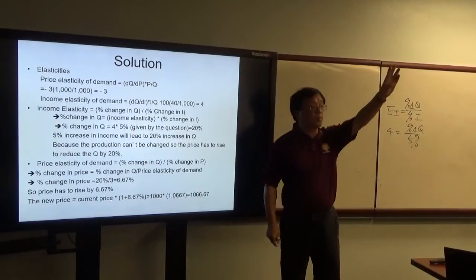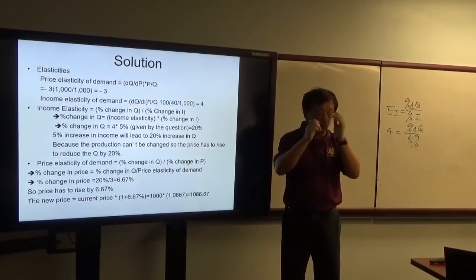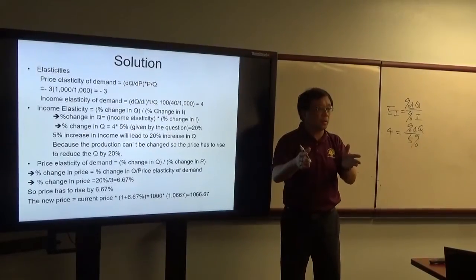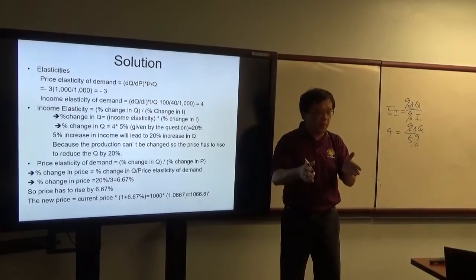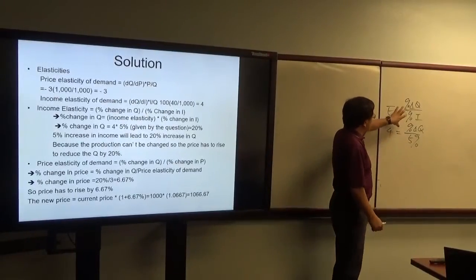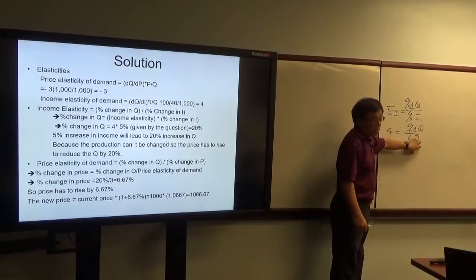Because we have 3 variables, by using all the information we figure out the price elastic demand and the income elastic demand. The income elasticity is equal to 4. By definition, 4 is equal to the percentage change in quantity versus the percentage change in income.